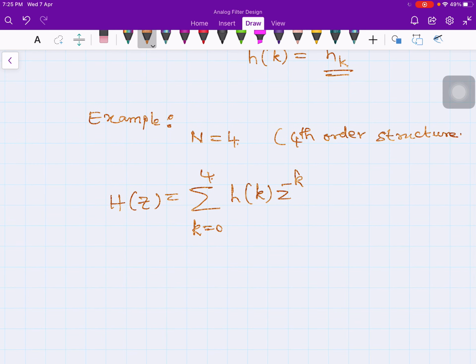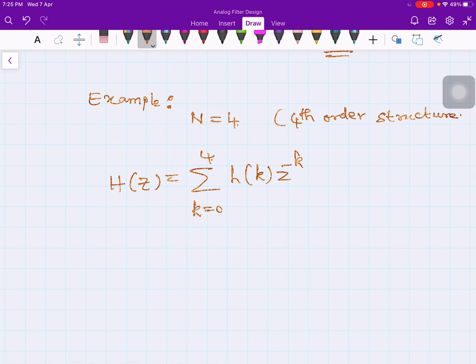In order to realize this, a very simple-minded realization is, first you draw all the 4 delays. So k equal to 1, 2, 3, 4. Let me draw the delays. The input is here, X(z).